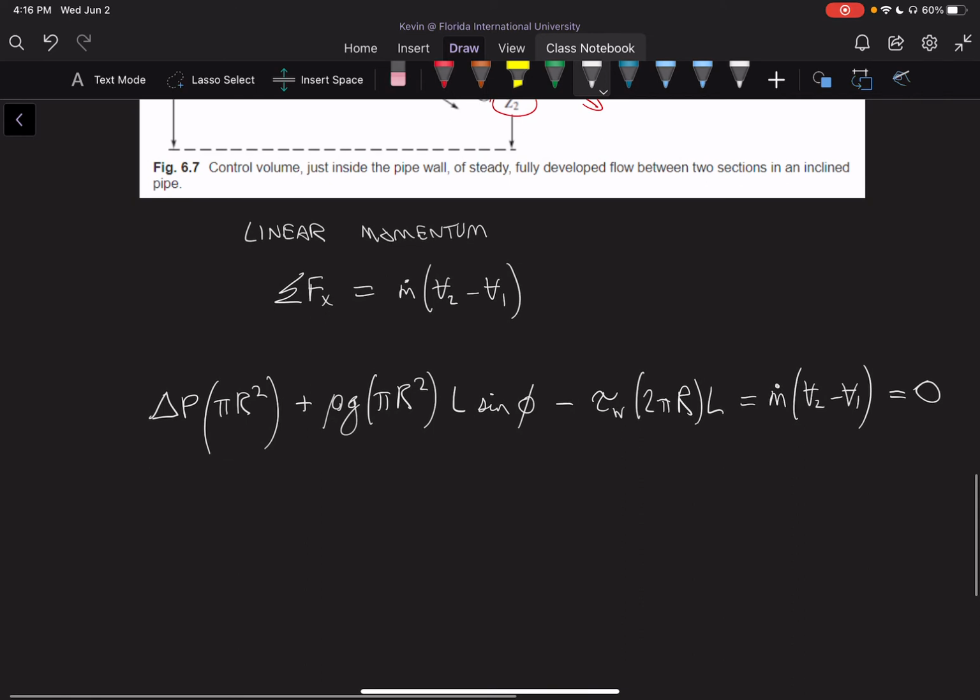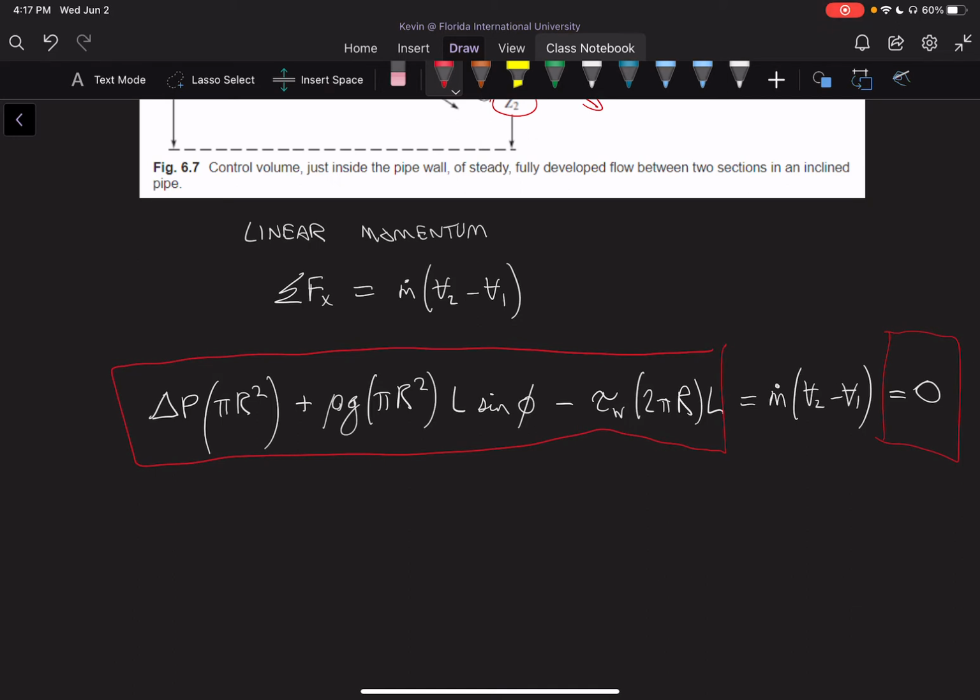Well, we can cancel some things out. If we keep this part of the equation and this part of the equation, we don't really care about m dot v2 minus v1, but we know that v2 has to be equal to v1 in order to be equal to 0.